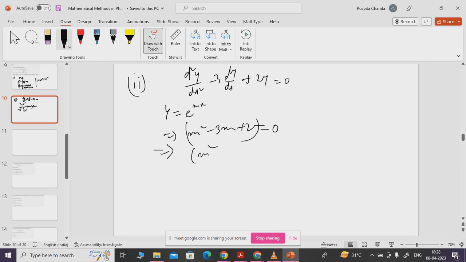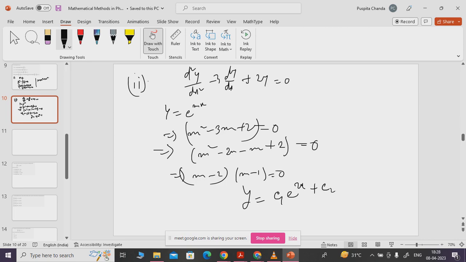We have already solved the equation in the previous question, so we know it is true. So we can write that y is equal to c1 e to the power 2x plus c2 e to the power x is the solution. We can choose c1 and c2, that's up to us.